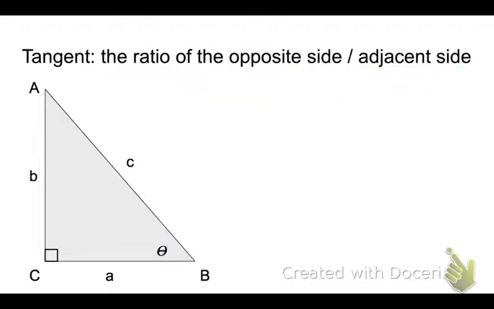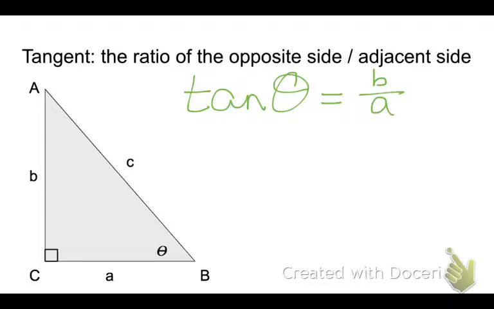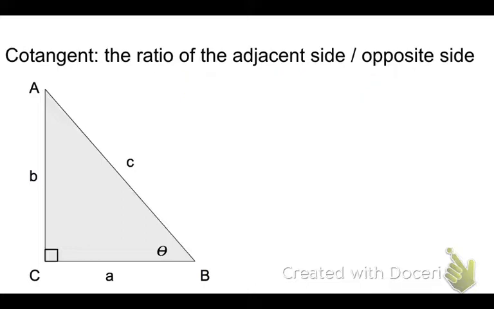Last but not least, we have tangent. The ratio for tangent is the opposite side over the adjacent side. So tangent, TAN, tangent theta equals the opposite over the adjacent side. Tangent's reciprocal function is called cotangent.